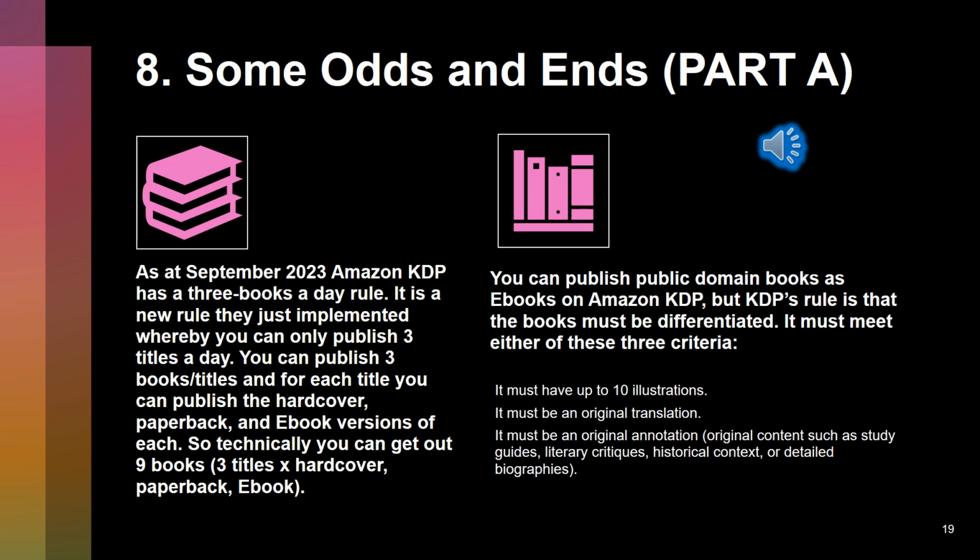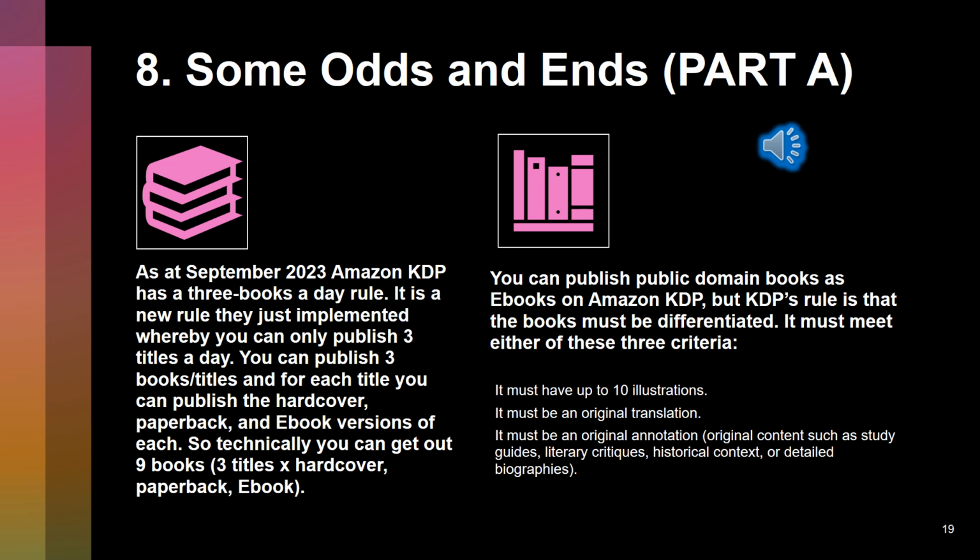You create the historical context, or any other book. You create the historical context of the book, and you publish that as your Amazon KDP ebook. That's the ebook version, the Kindle version.